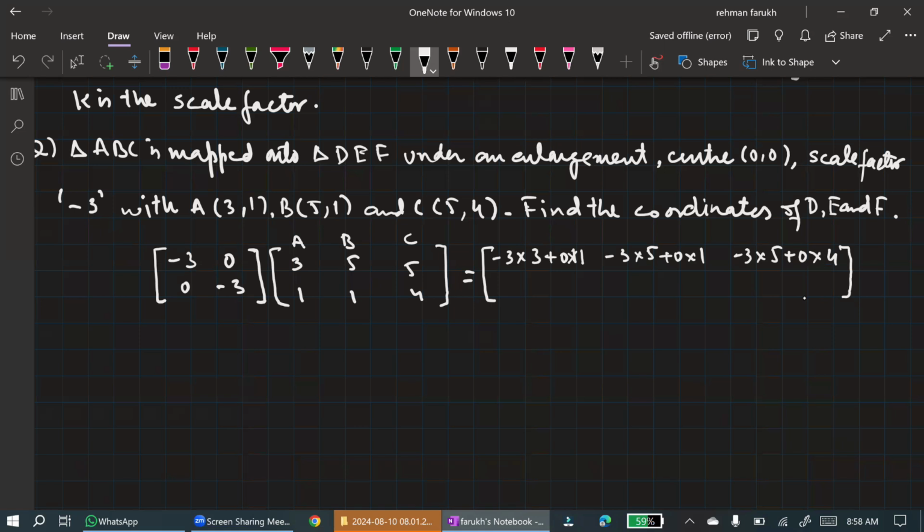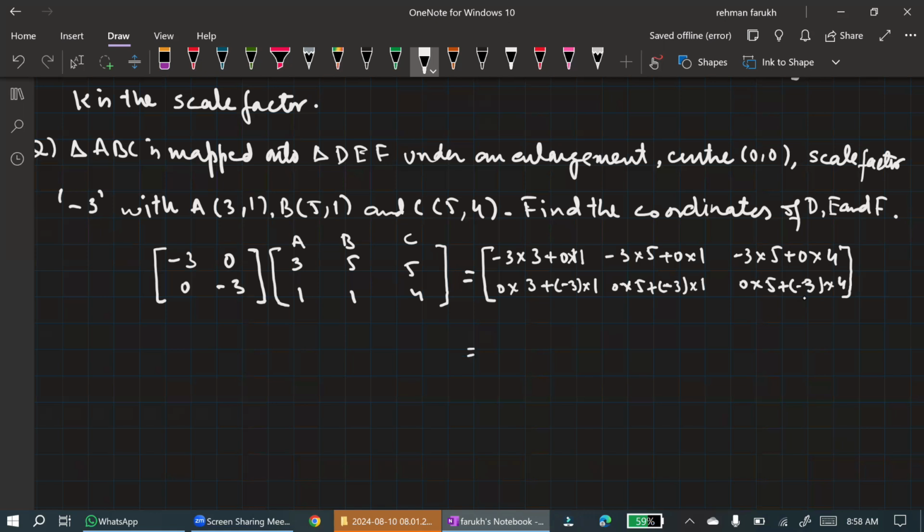Now we will multiply the second row with all the columns. 0 into 3 minus 3 into 1, 0 into 5 minus 3 into 1, 0 into 5 minus 3 into 4.